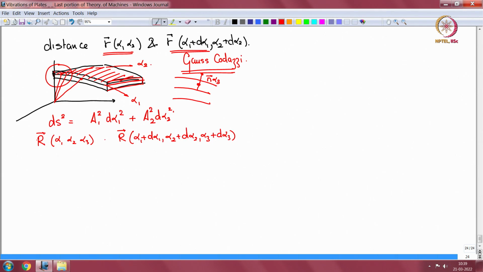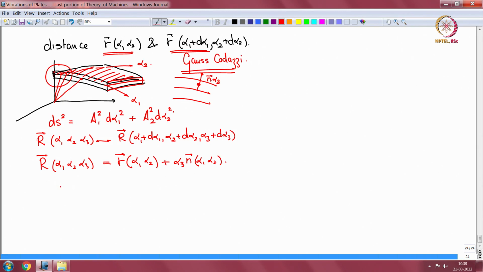So, now what is the distance between these two? We can write R, the big R, in terms of our small r, which is on the middle surface, plus we move alpha 3 distance into the material in the direction of the local normal, which also depends on alpha 1, alpha 2.